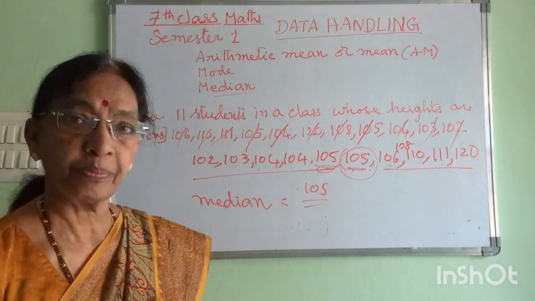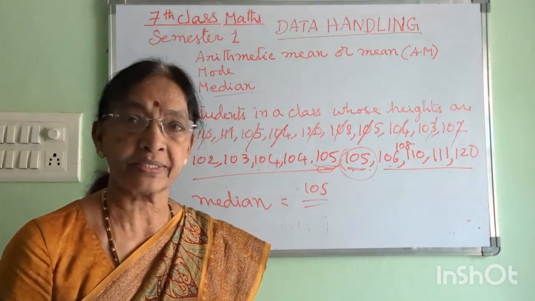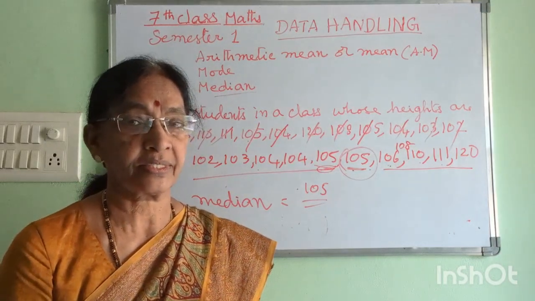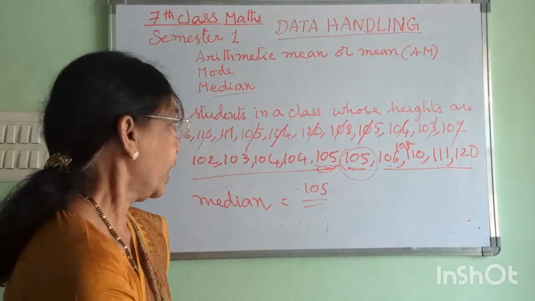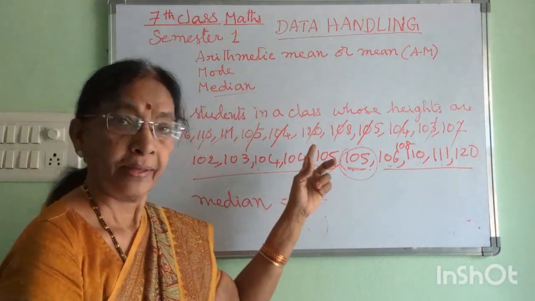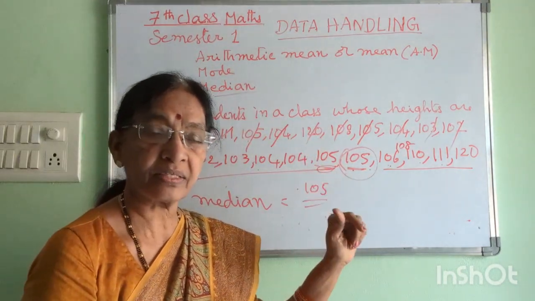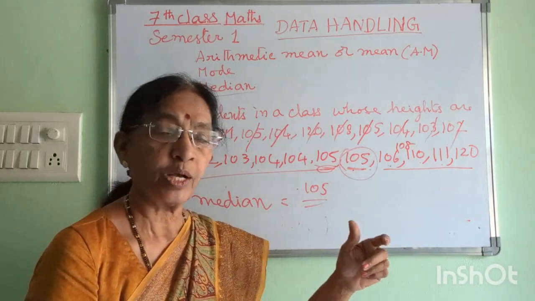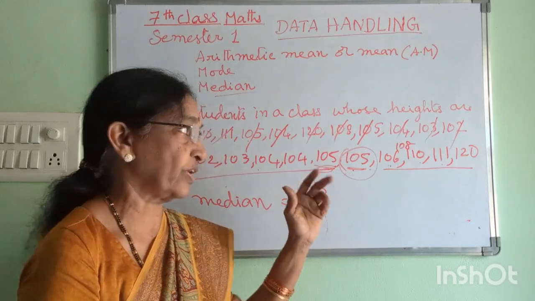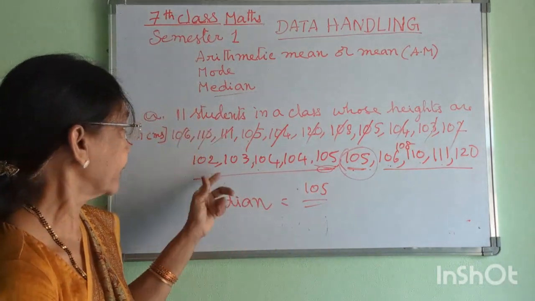So arithmetic mean is the average. It is the sum of the observations divided by the number of observations. Mode is the number which occurs the maximum number of times in the observations. There may be more than one mode for the observations.